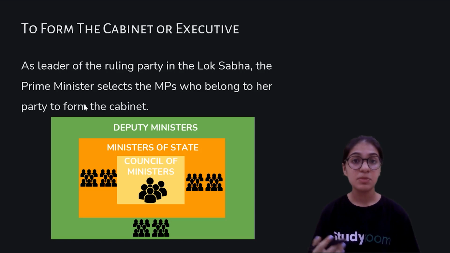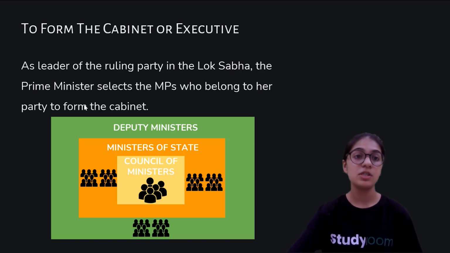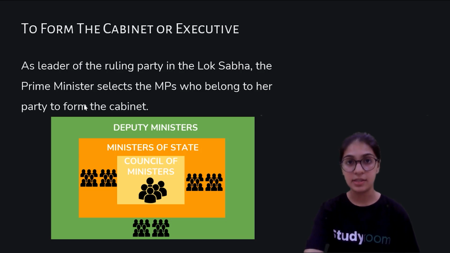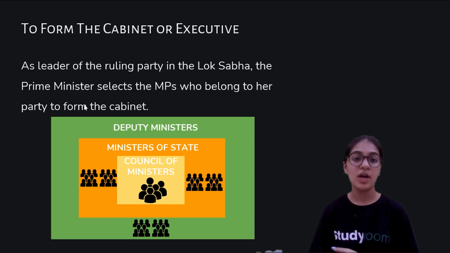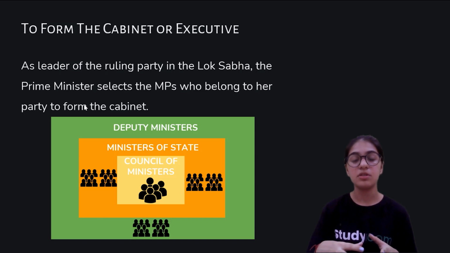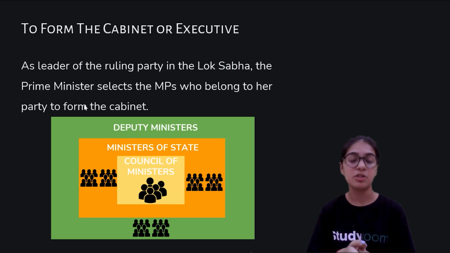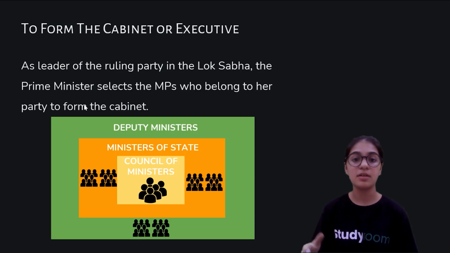That could be Finance Minister, Health Minister, Sports Minister. So this is what we say to form the cabinet or executive. The Prime Minister chooses the cabinet and the executives, which refers to the other ministers of other specialties, like the Minister of Finance, the Minister of Education. So the Prime Minister basically elects them.